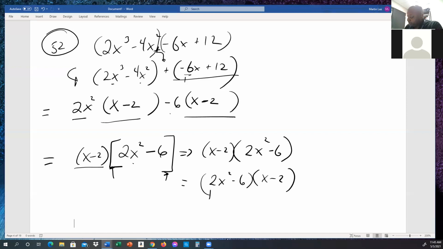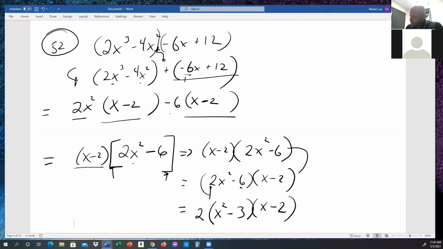But now I see I have a common factor here of 2 between the 2 and the 6. So let's pull out 2, and that's going to leave me x squared minus 3, and I bring down the x minus 2.